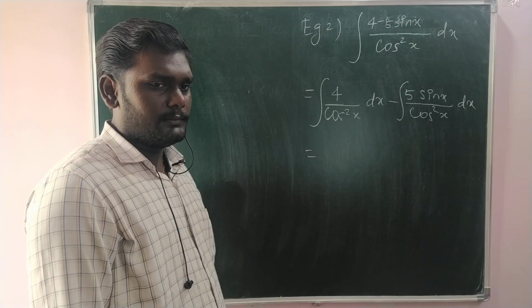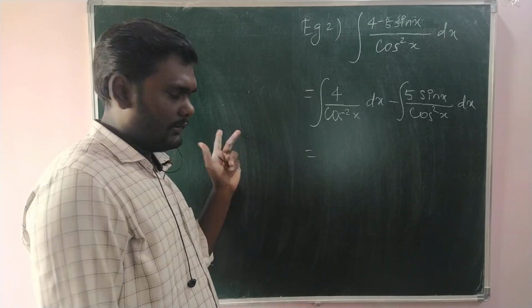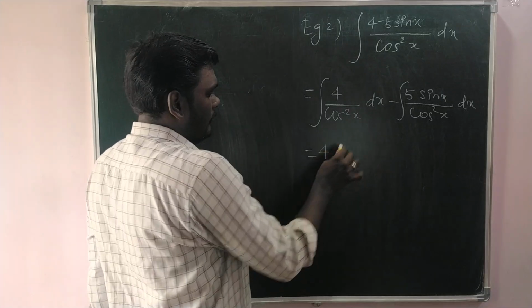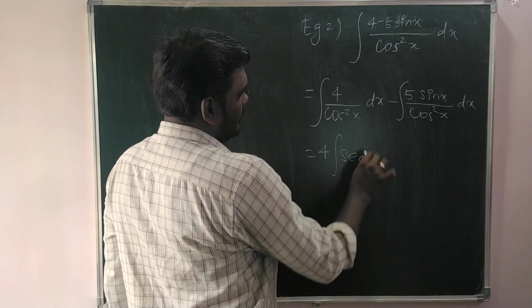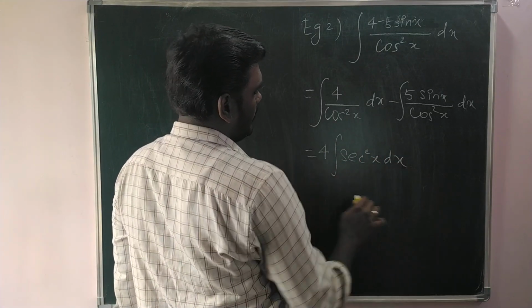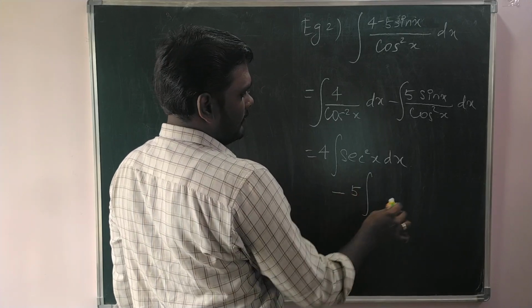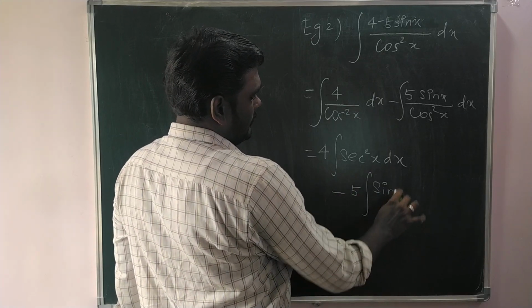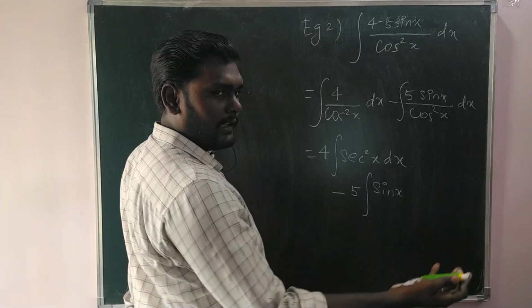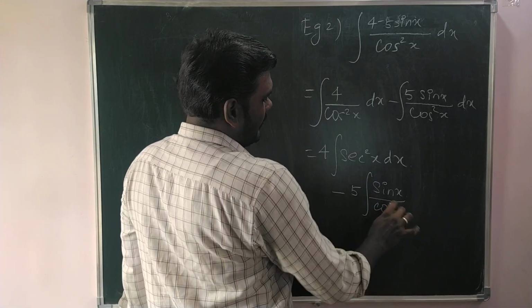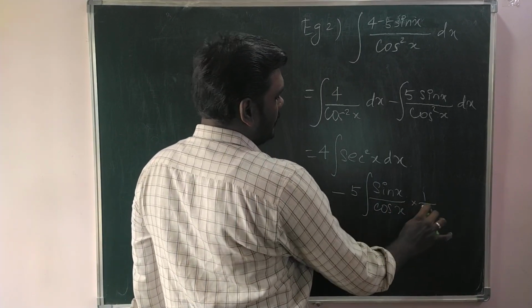How do we treat a constant? It's a curry leaf. Keep it as it is. Then 4 integral of secant squared x dx minus 5 kept aside. We have sin x into secant squared x, or else you can write it as sin x divided by cos x into 1 by cos x.